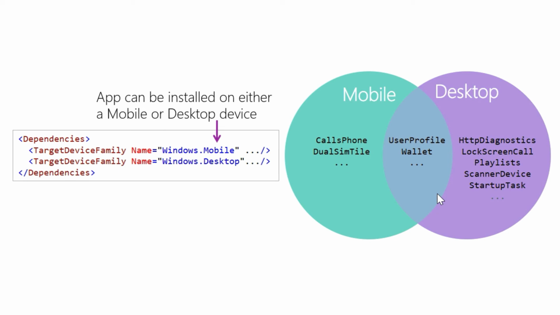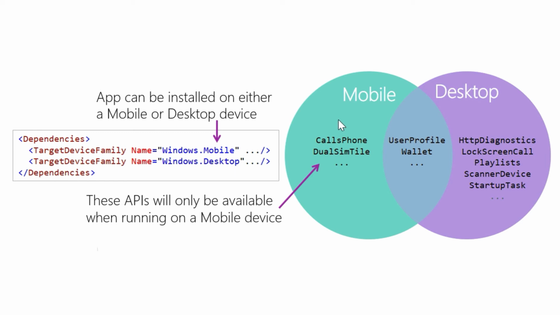Sometimes it's going to be running on a desktop device. If we want to use an API in this category or over here in this category, we need to dynamically test to make sure they exist on our runtime device before we attempt to access those APIs. So this is the most interesting case. This is the case that people mean when they mostly talk about platform adaptive code.